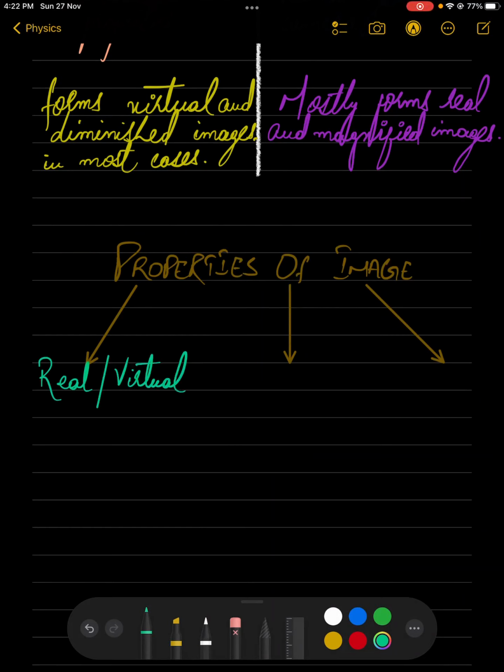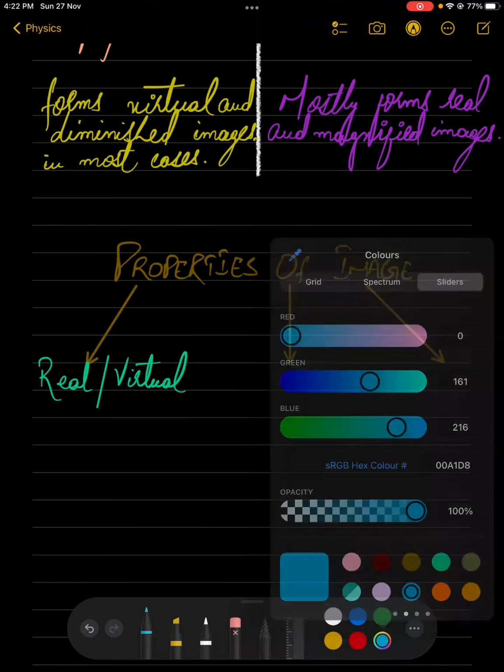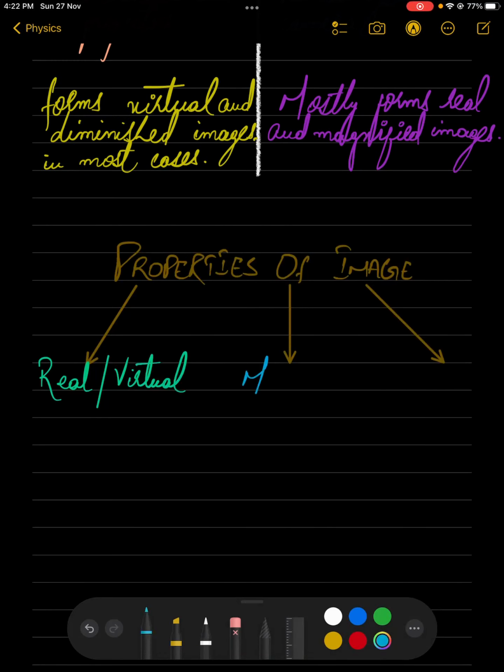Then the second property is saying that the object is magnified or diminished.